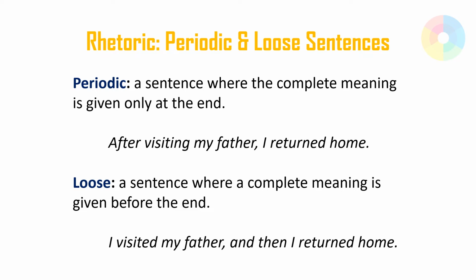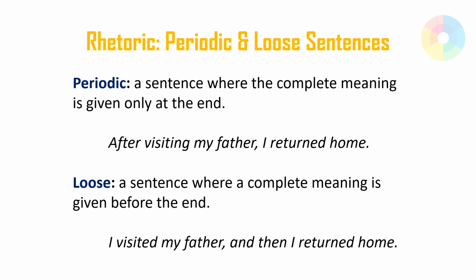They have to read the entire sentence and then they can understand what the complete meaning is. Now, had we reversed this and said, I returned home after visiting my father, that wouldn't be a periodic sentence because you could pause after I returned home, and it would express a complete thought.